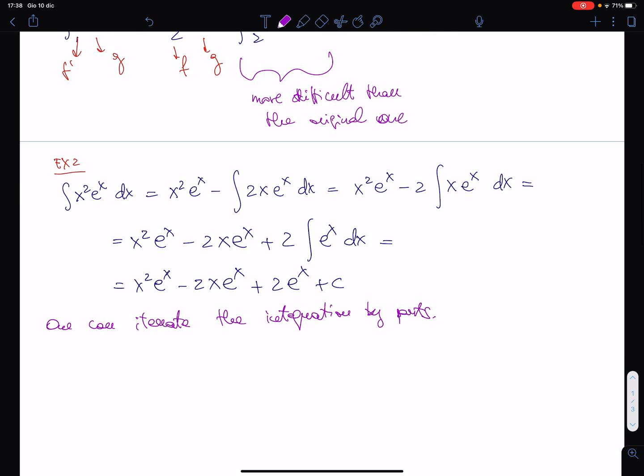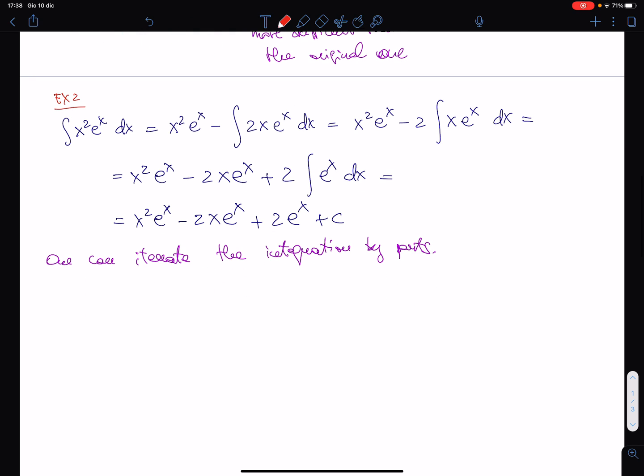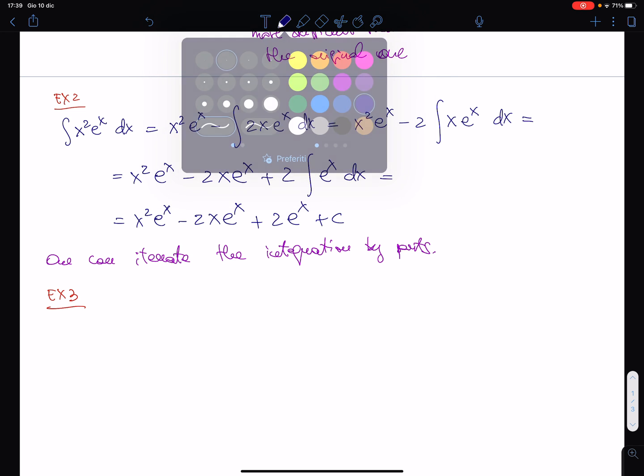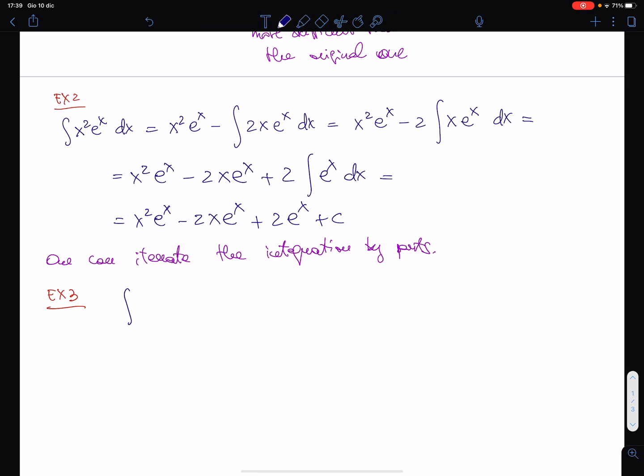Then the third example, which is another important example, is the integral of e to the x cosine of x dx.